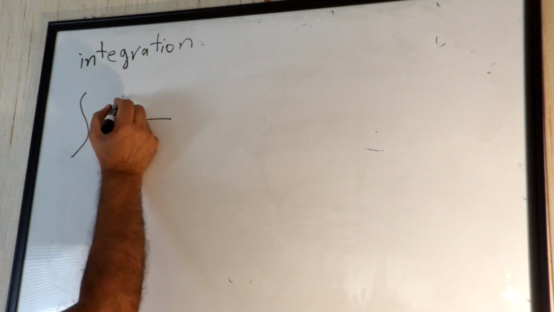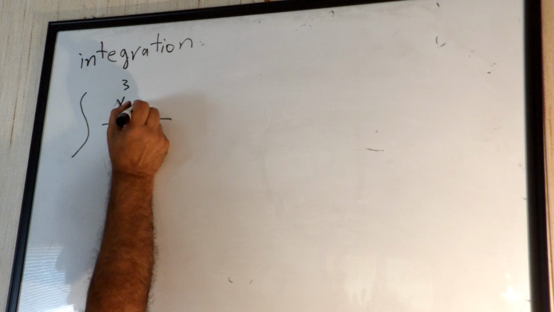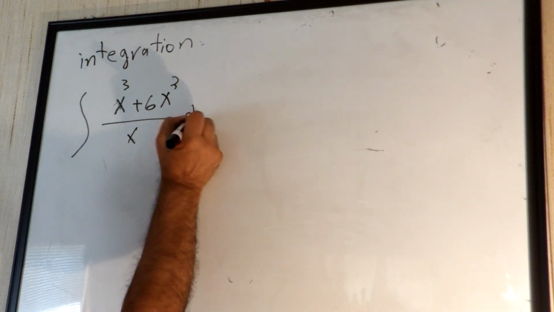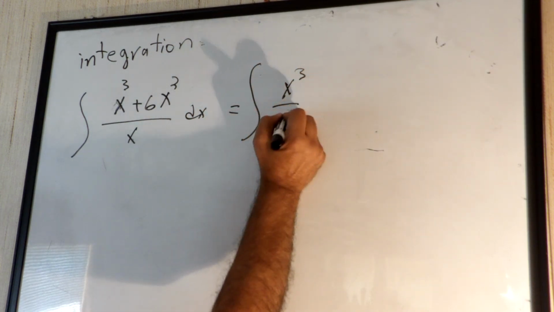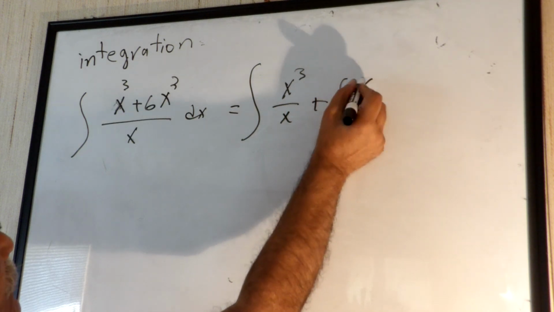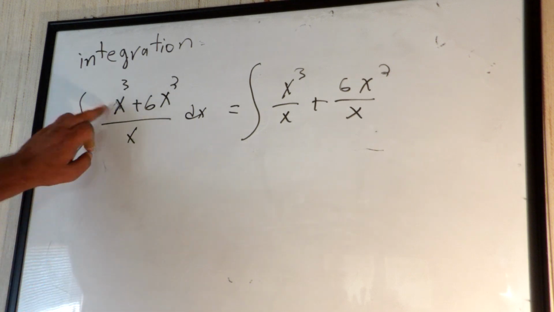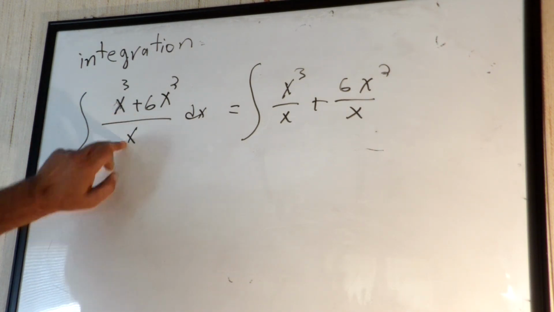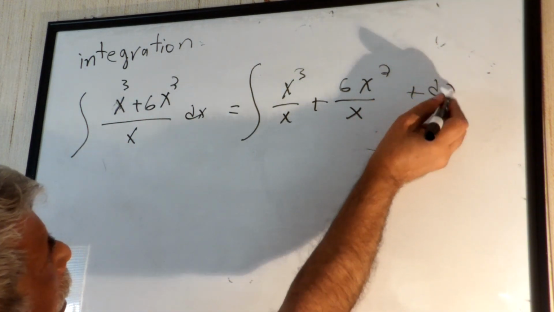Like we have x^3 plus 6x^2 divided by x dx. Well, what you're going to do is write it like this: x^3 over x plus 6x^2 over x. You have to divide if you want to get the result. Each of those items is going to be divided by the denominator, and write it like this: dx.